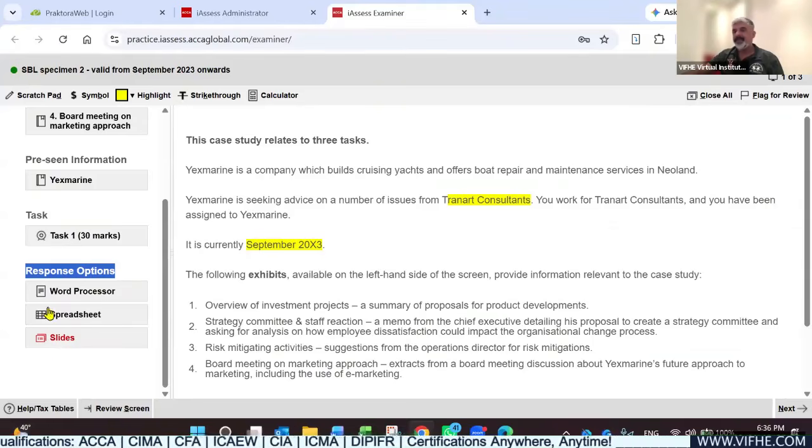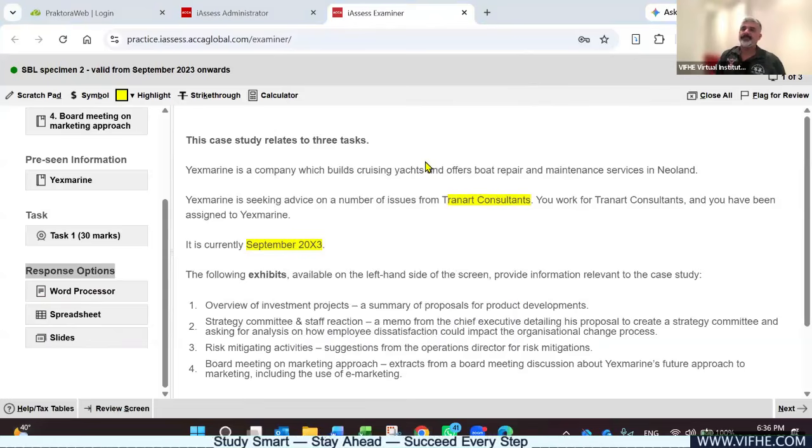So in SBL, we will be using word processor for all the answers. We will not be using spreadsheet because it is not a calculative paper. When to use slides, any idea? Yes.